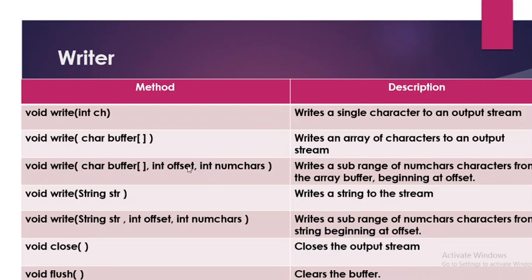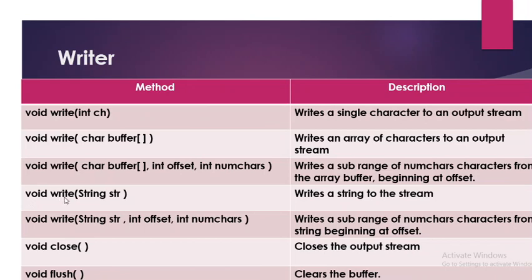So index 2, then index 3, then index 4, then index 5, then index 6. These total 5 index locations I want to write onto the output stream. So offset specifies the beginning and numChars specifies the number of characters we want to write from the given array.